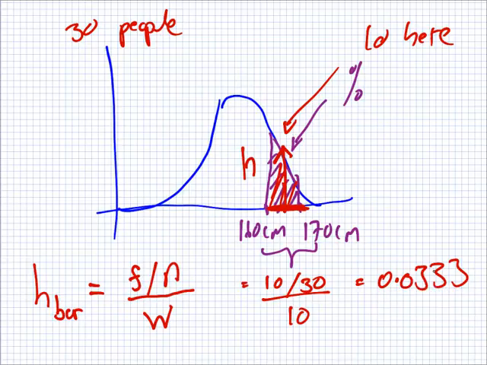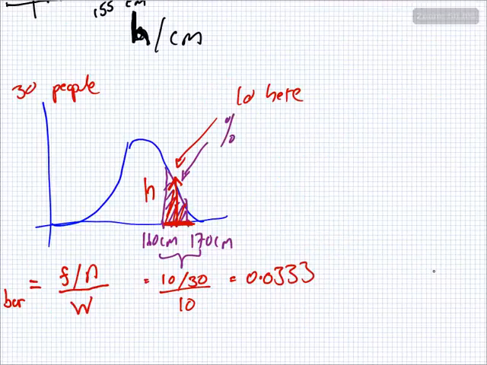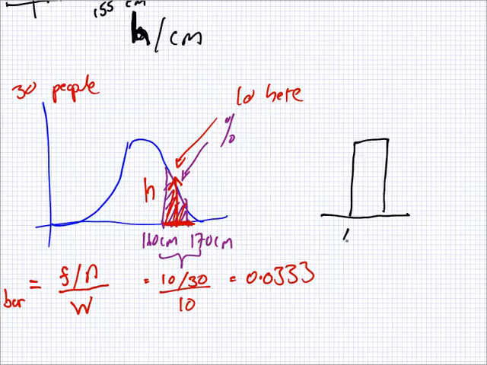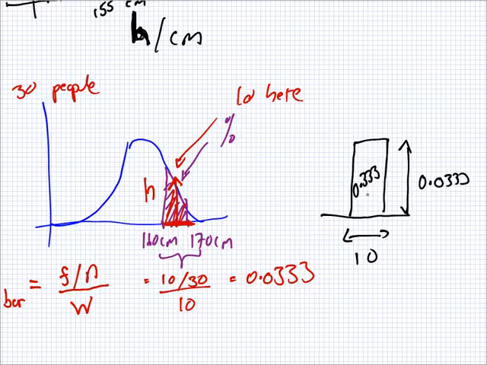So let's test that. If I draw the bar here, I know it should be straight, of course. How big is the base? 10. And how big is the height? 0.0333. And when you multiply them together, what do you get? 0.333. So are 33% of people between these two heights?